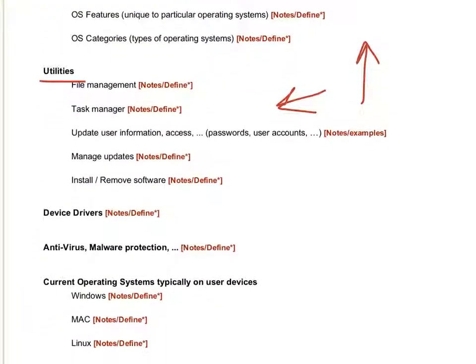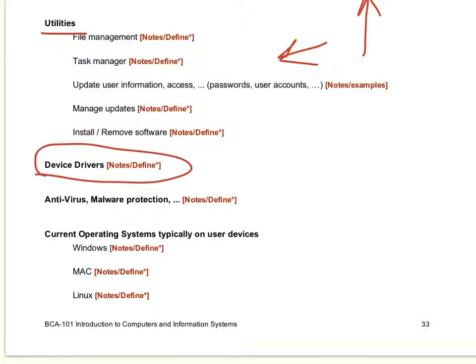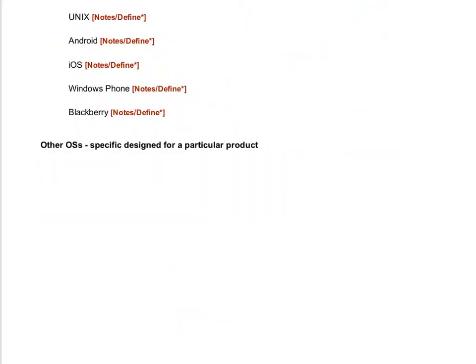Remember, device drivers: a piece of software that connects your equipment and lets it communicate with the operating system. If you have a particular type of printer, there'd be a device driver that allows it to communicate with whatever OS you're running. Make sure you always keep your malware antivirus software up to date, and then we listed a bunch of operating systems.